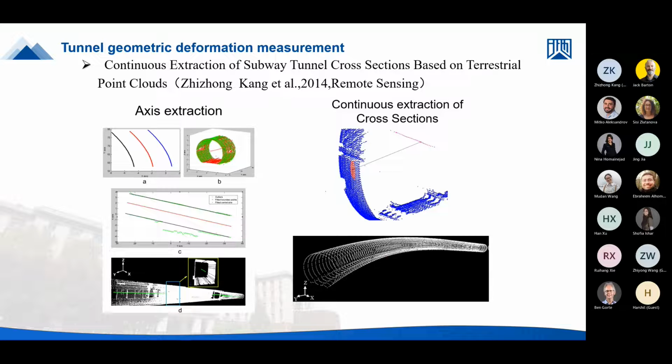We extract the central axis from the point cloud, and with the central axis, we extract the cross section, ideally at any location from the tunnel. In this way we use the cross section to evaluate the deformation of the tunnel. Next.